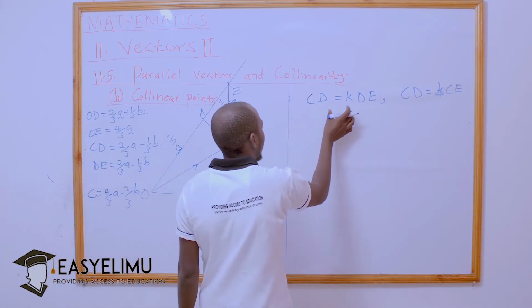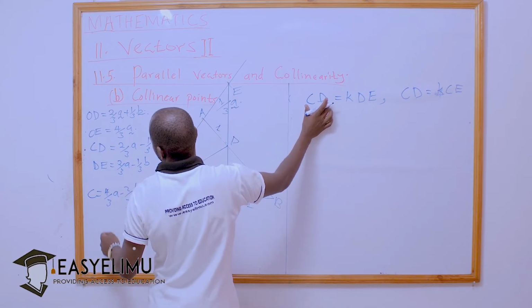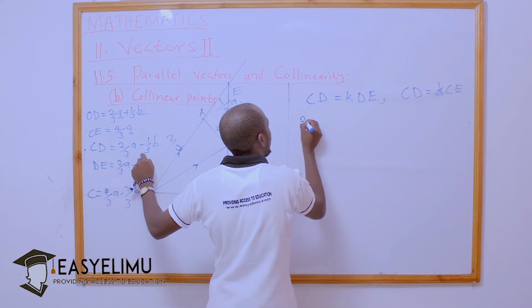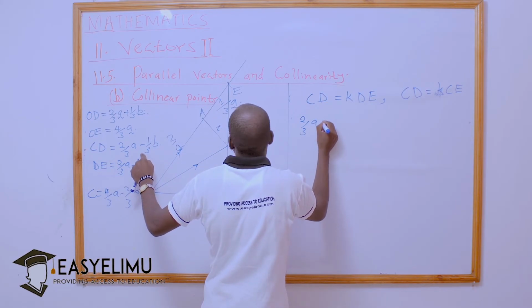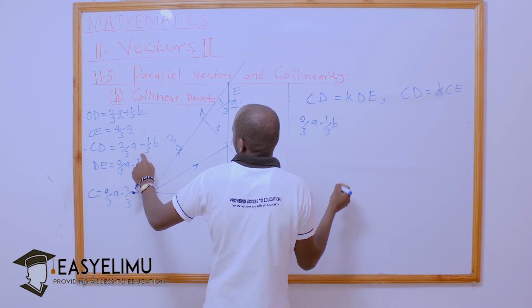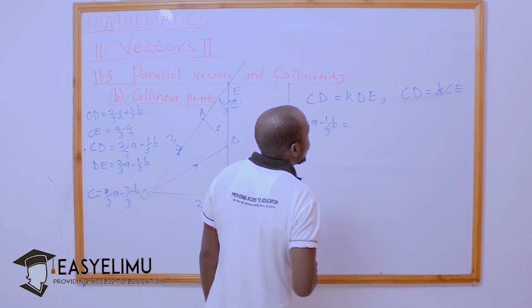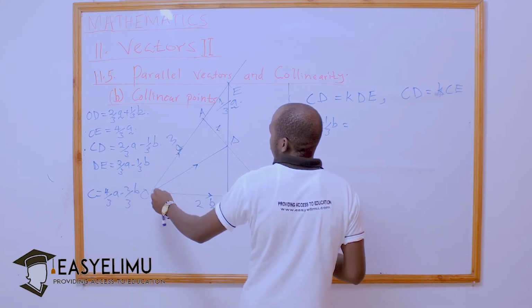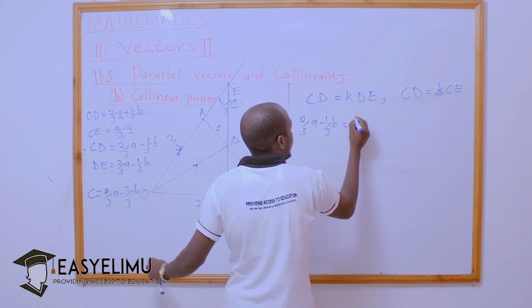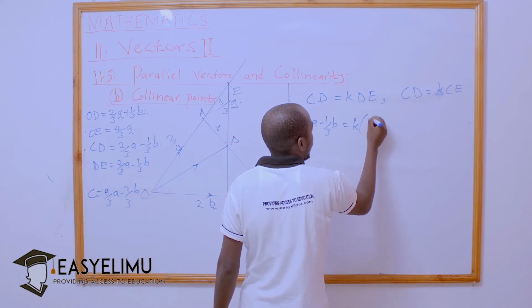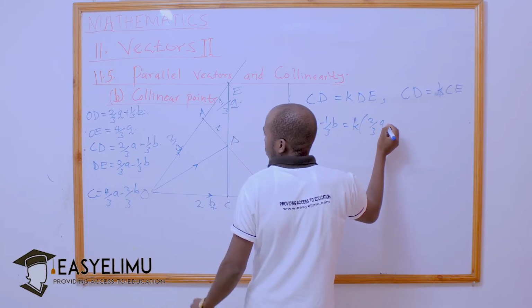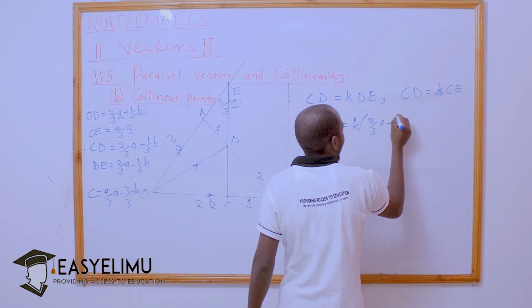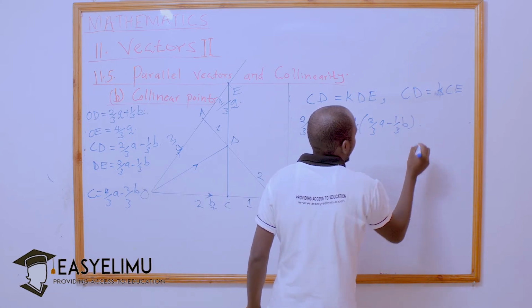So we shall start with this. CD we have here is 2 over 3 a minus 1/3 b. And then this should be equal to k DE, and DE we have already, so it will be k into 2 over 3 a minus 1/3 b. That is what we had.